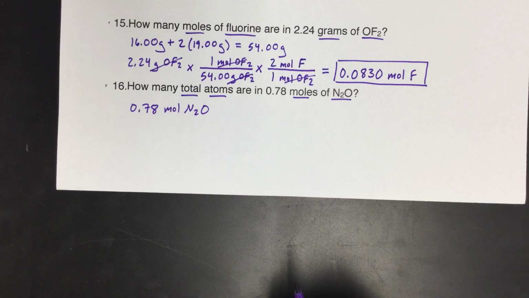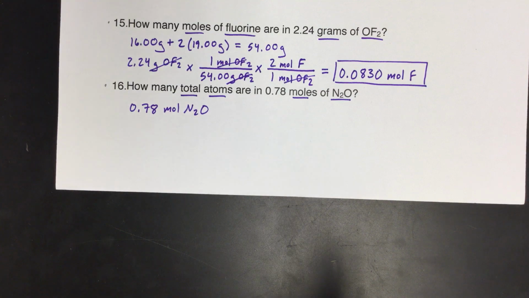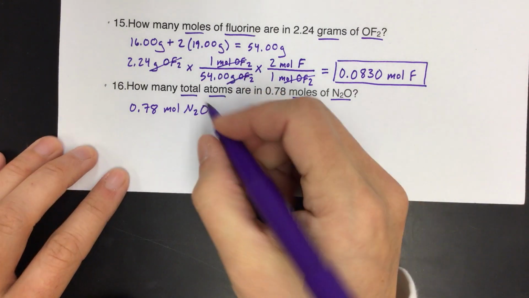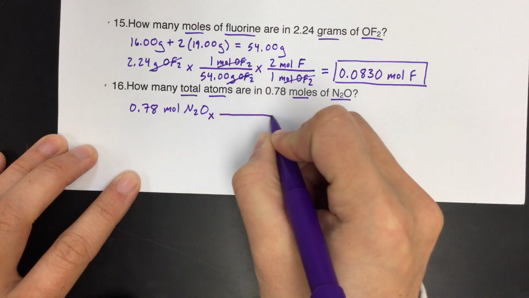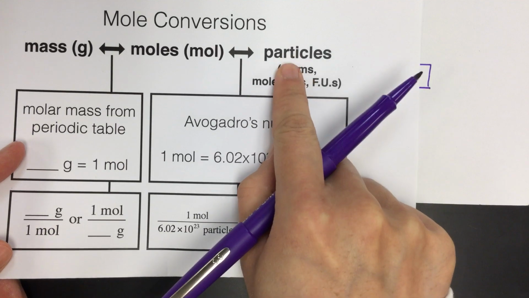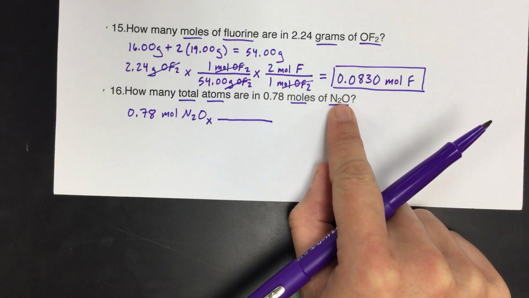And there's a couple different ways you can do this. You could first convert the moles of this into the moles of atoms, or you could go from moles of this to moles of molecules, and then to atoms. So I think that's what I'm going to do. I'm going to first break this down and convert moles into particles, which in this case, the particle of N2O is molecule. This is a molecule.